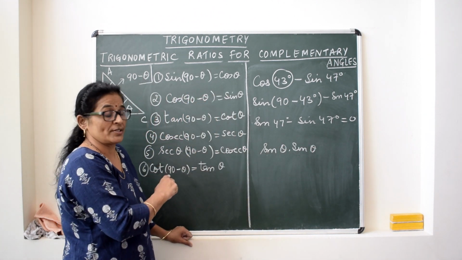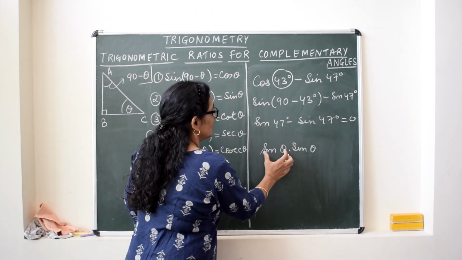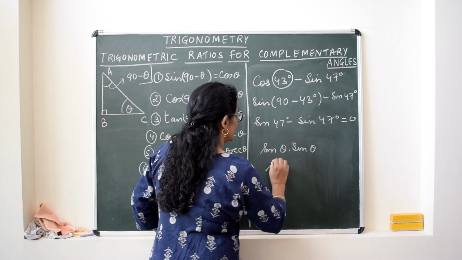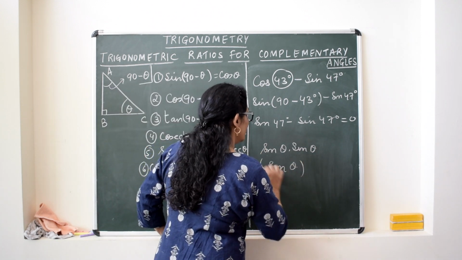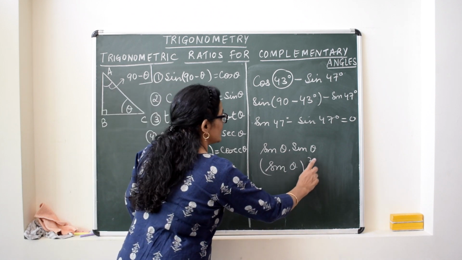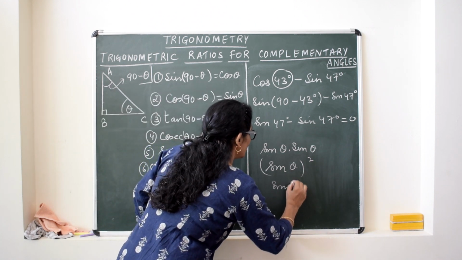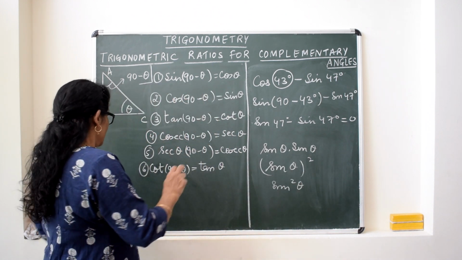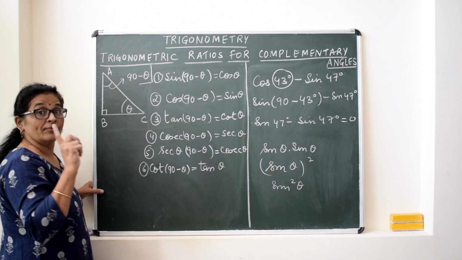In these types of questions, somewhere we will be getting two ratios which are multiplied. The meaning of this is sin theta square. But the sin theta square, for our convenience, we write it as sin square theta. Clear?